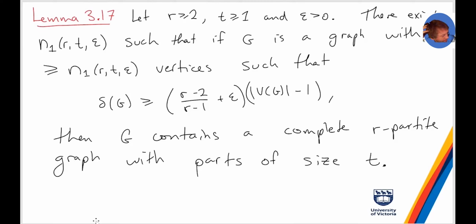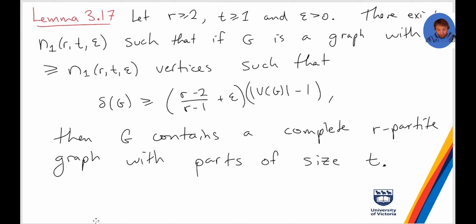Do you remember there was this example of the Petersen graph? That was meant to illustrate the fact that if I want to find a copy of H in a graph G, and let's say H has chromatic number R, so maybe R is 3, then to find a copy of H, it's sufficient to find a complete tripartite graph where the parts are very big.